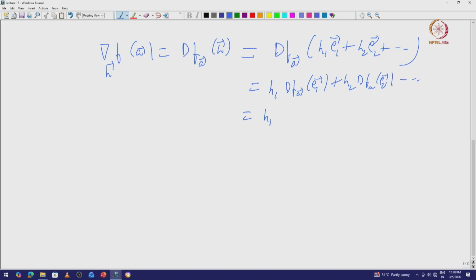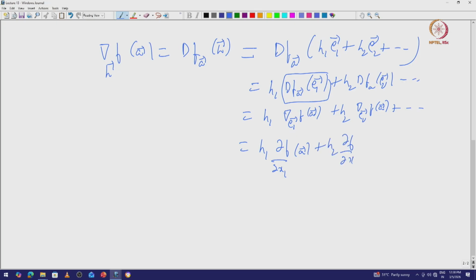This is h1 times the directional derivative along e1 of f, which is precisely by definition the partial derivative. What is the gradient?